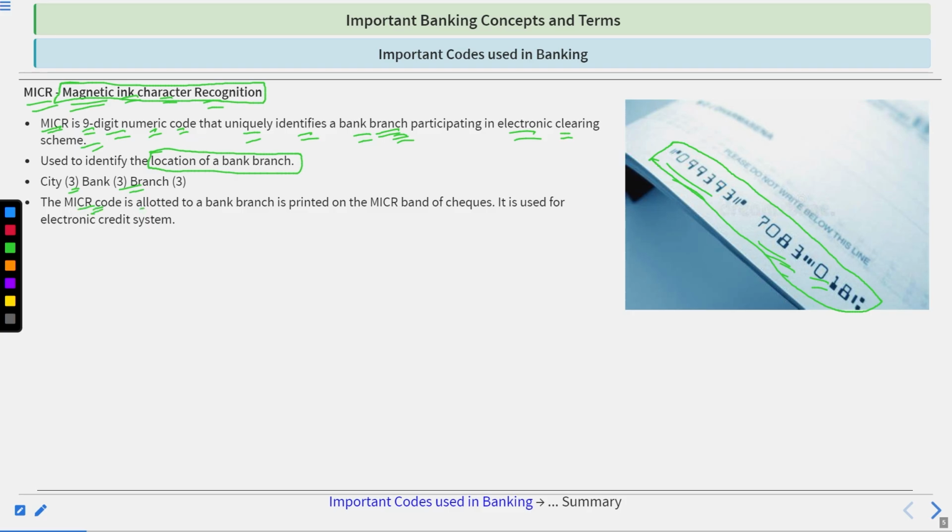The MICR code is allotted to a bank branch and printed on the MICR band of checks used for the electronic credit system. By entering these details, the bank branch and the account could be easily seen and the transaction could be facilitated.